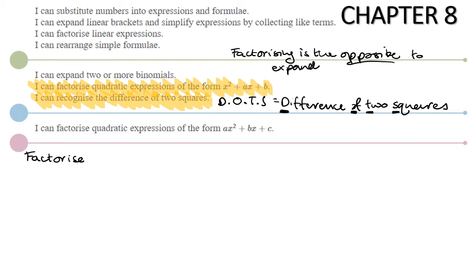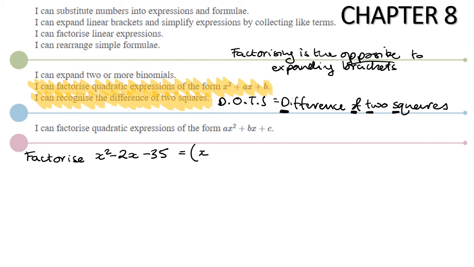So this is putting the brackets back in. So let's say you want to factorize x squared minus 2x minus 35. So we know when we factorize this, this needs to go into double brackets.